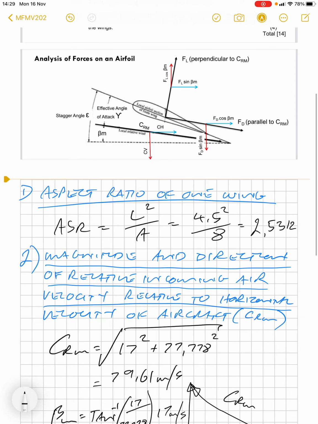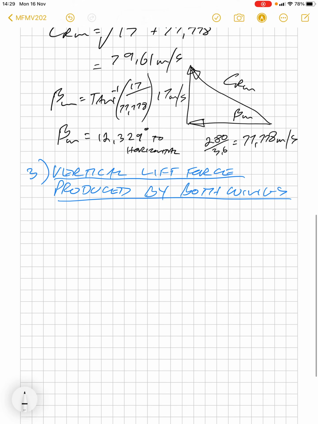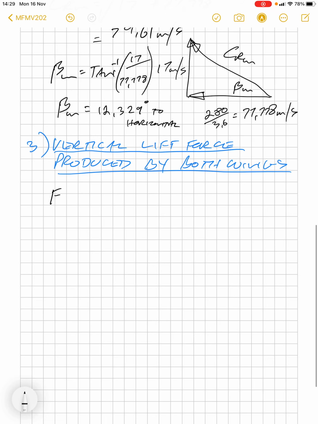So if we look at our diagram again, we can see all the vertical forces involved here. We've got the vertical component of the lift force FL, which is FL cos beta, and we've got the vertical component of the drag, which is FD sine beta. So those are in opposite directions, so we would subtract them. The lift minus the vertical component of the drag force.